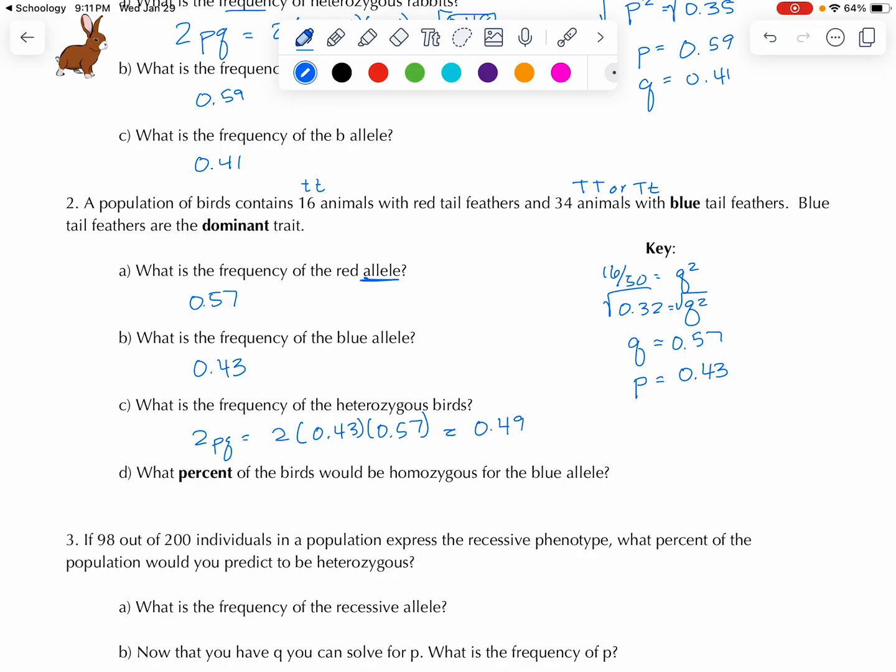Homozygous for the blue allele is homozygous dominant, so that would be p squared. That's going to be 0.43 squared. I got 0.18, but it asks for the percentage, so we just change that to a percent. 18% would be homozygous dominant.